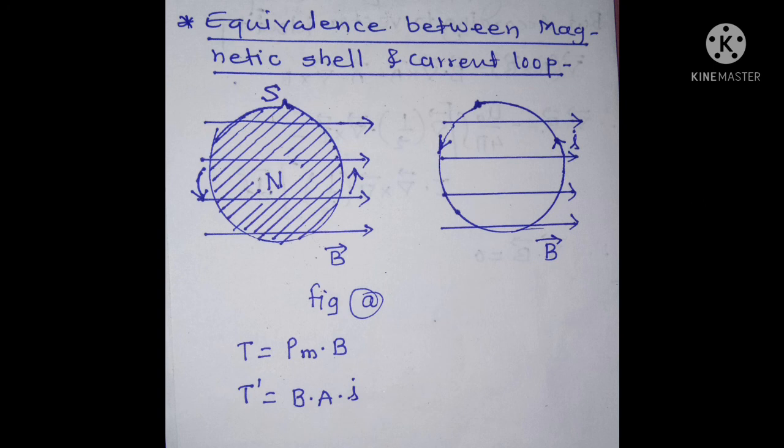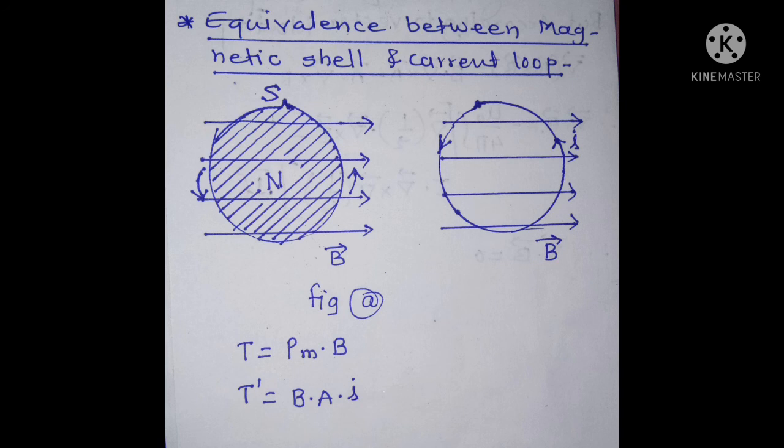Now when a conducting loop of area capital A is carrying a current I and is held in a uniform magnetic field of induction B with its plane parallel to the field, it is acted upon by a torque T dash equal to B, magnetic induction, into A, area of cross section, into I, that means current flowing through this loop.